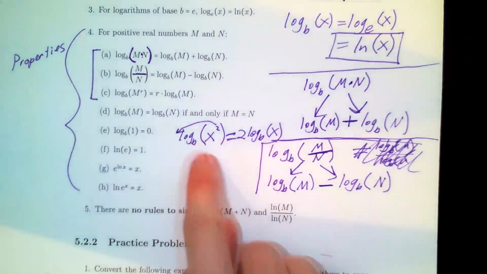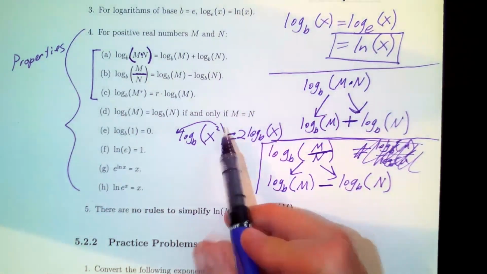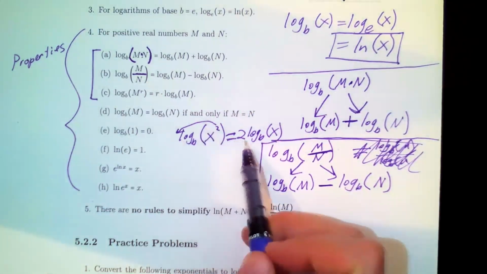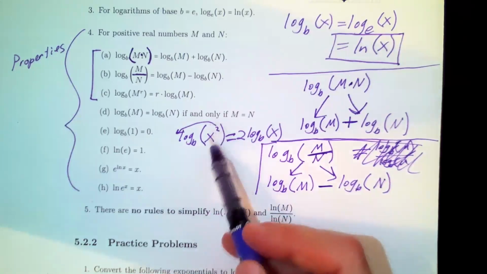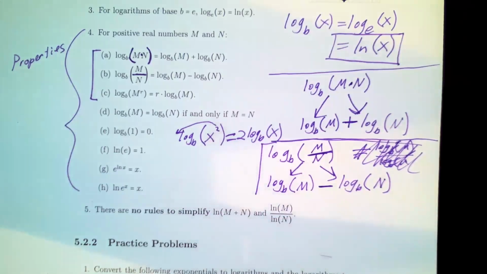In no other universe can you bring down a power on something and say that it's the same as being multiplied. Well, in logarithmic world, you can. This is accurate. You just have to make sure that this power is on the whole argument inside the log.